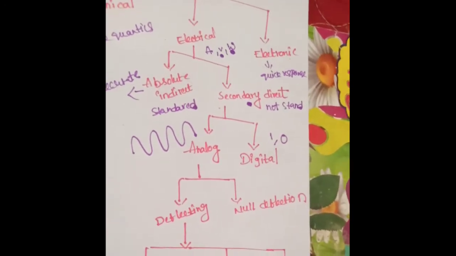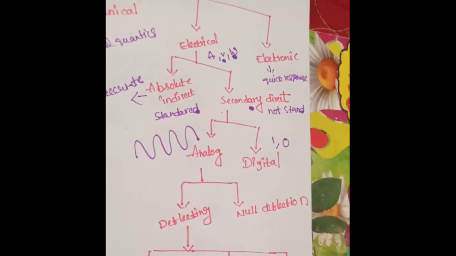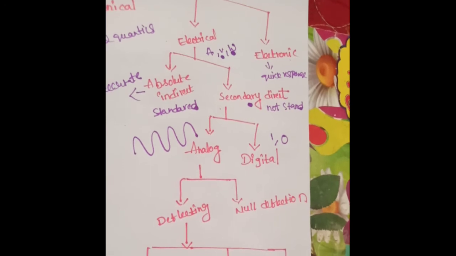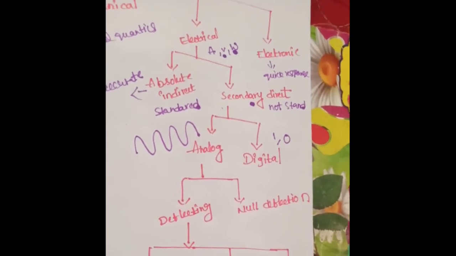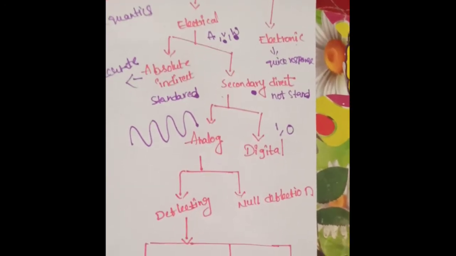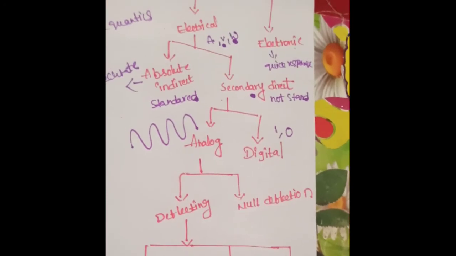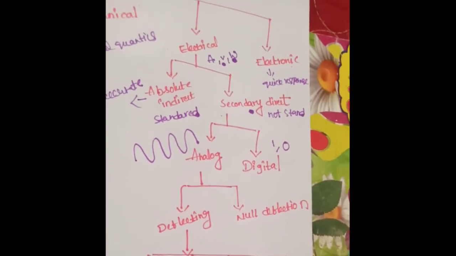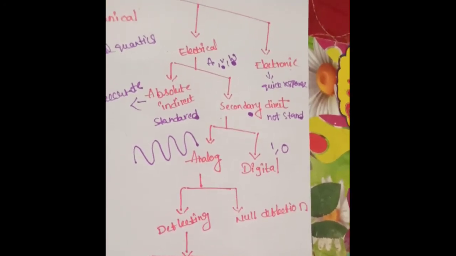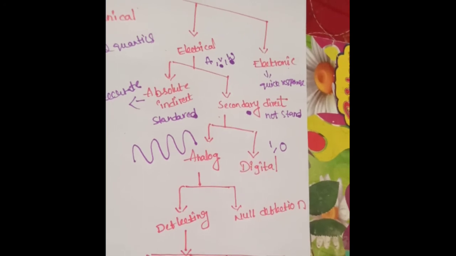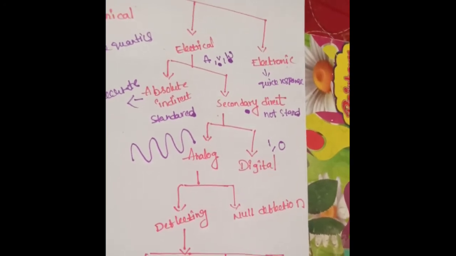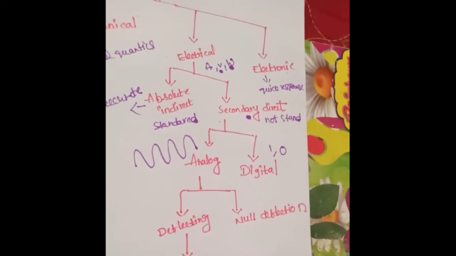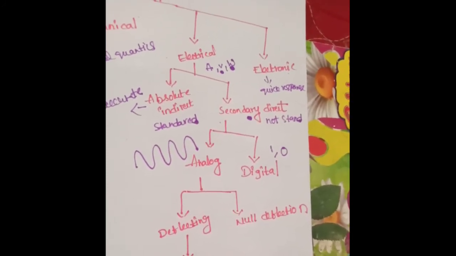Coming to the recording instruments, these record the circuit conditions at particular intervals of time. The best example of a recording instrument is the ECG, electrocardiogram. It measures the heartbeat conditions, and the heartbeat conditions are recorded here.